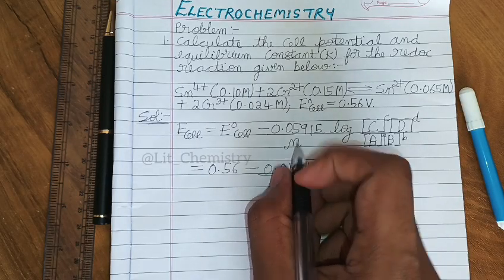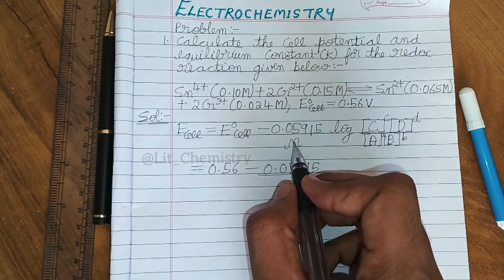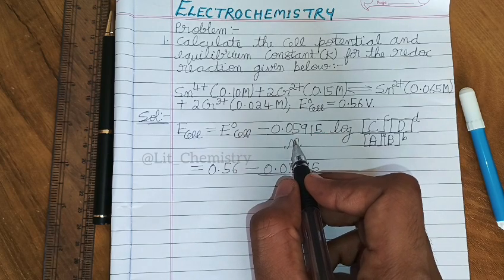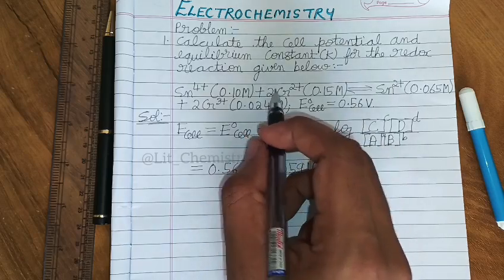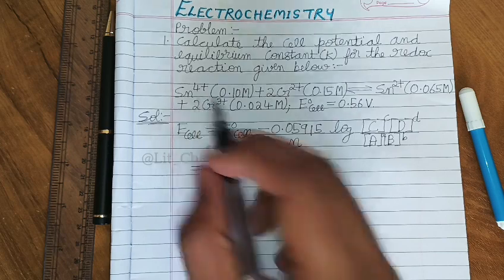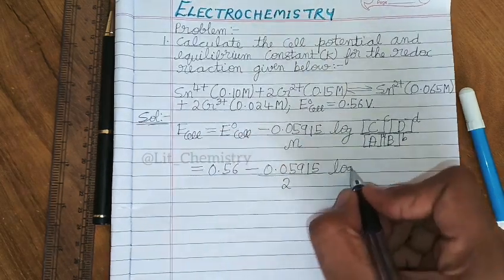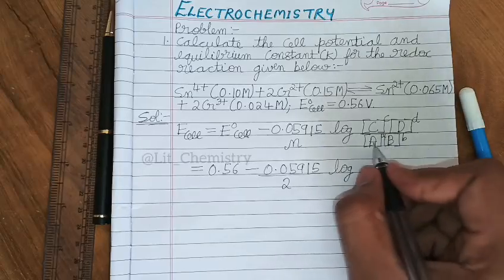N will be 2. Here a simple trick to find n will be the number with which we have balanced, that will be n. So here we have 2 and 2 with which we have balanced this redox reaction, so n will be 2, log as it is, and C D A B.